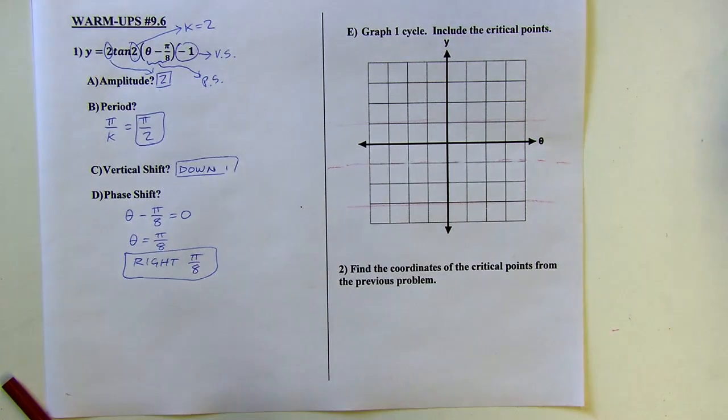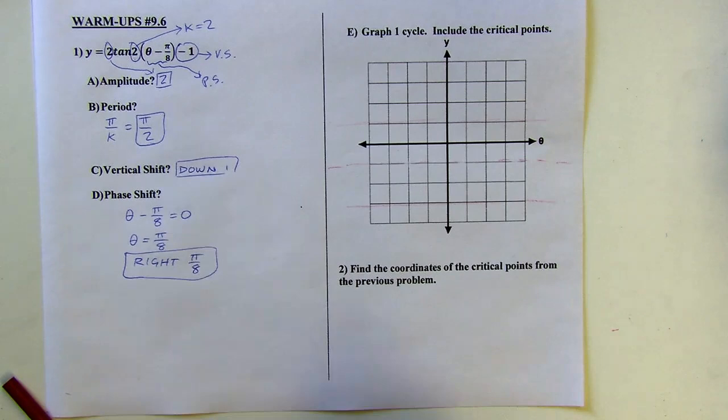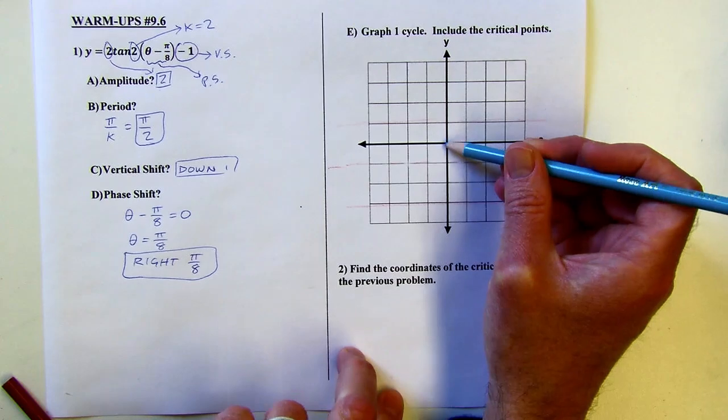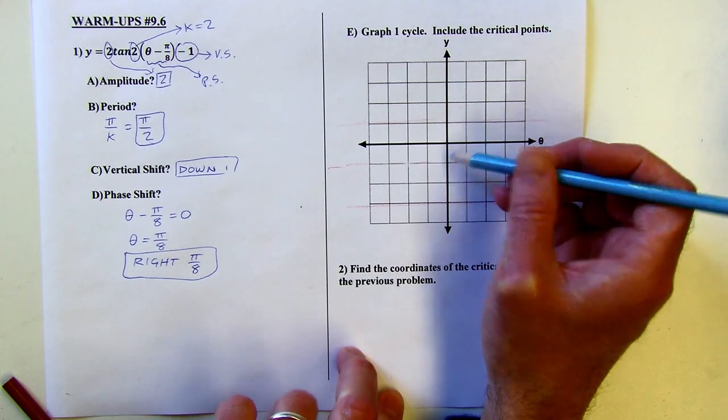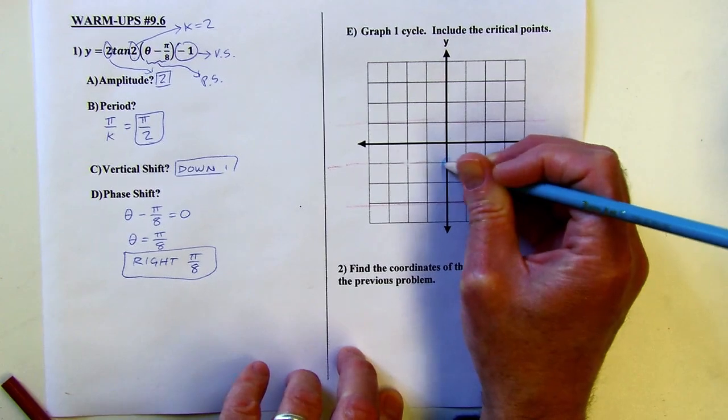Okay, so now that I got that road map in place, I'm going to draw my ghost. So you've got to know what the parent graph for tangent looks like. So the parent graph for tangent, you'd have a point right on the origin, but I'm going to put mine on my midline here so it stays on the road map. And I'm doing this lightly too because I'm going to end up shifting this.